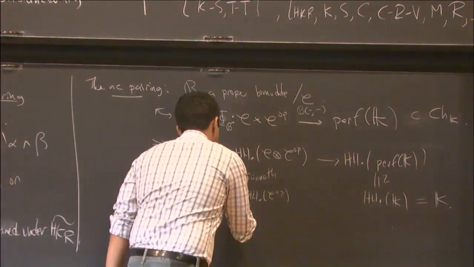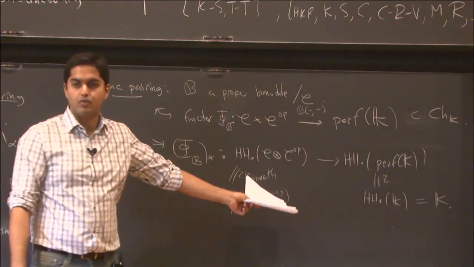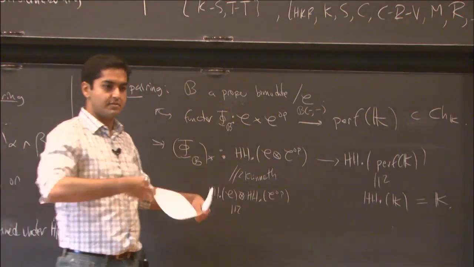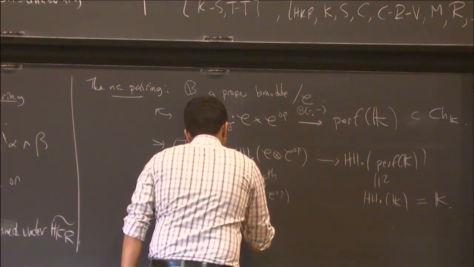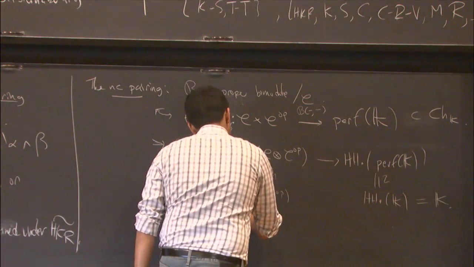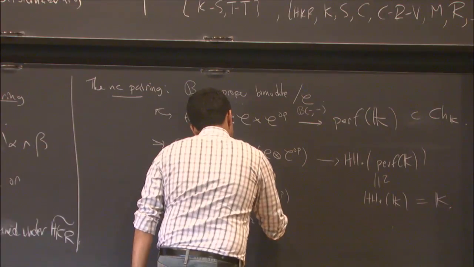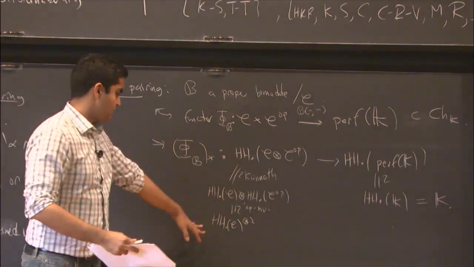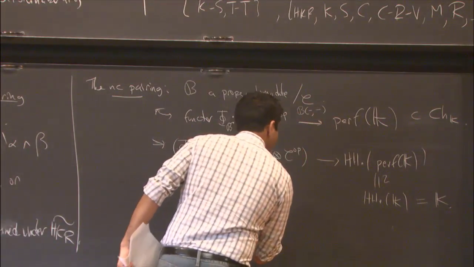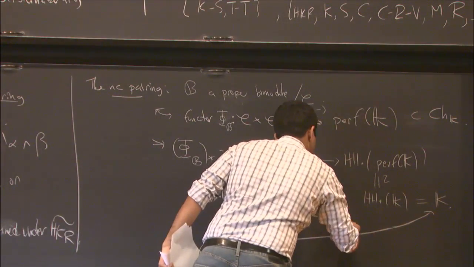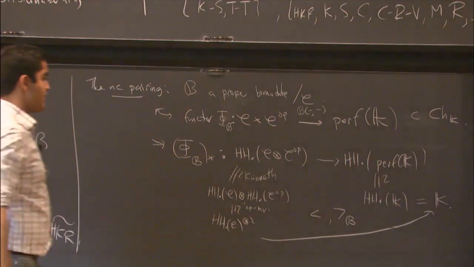And Hochschild homology doesn't really care if you look at the opposite of a category. There's some op invariance property, so this is just Hochschild homology of C, isomorphic to Hochschild homology of C tensor squared. And so I get an induced map called pairing sub B.